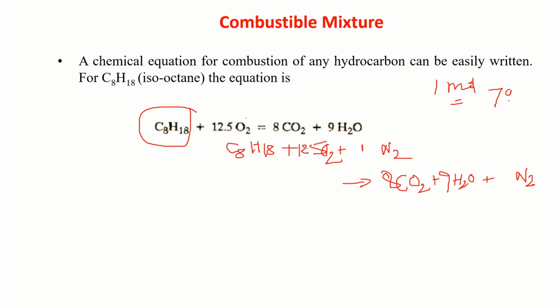For every 1 mole of oxygen I supply, oxygen and nitrogen by volume is 21 to 79, and 79 by 21 becomes something like 3.76.